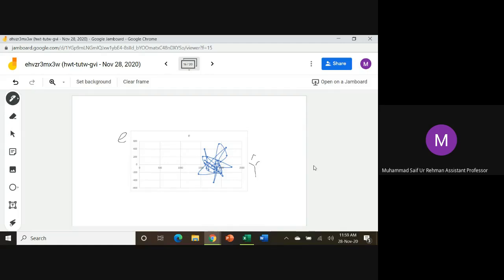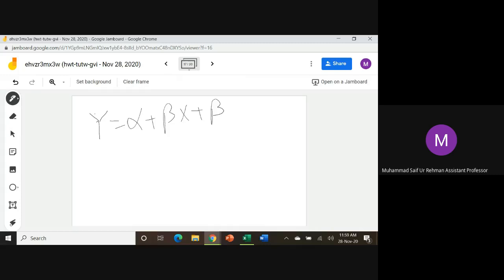Okay, so what do we mean by multicollinearity? Let us say this is your model. The assumption is that x1 and x2 must not correlate.